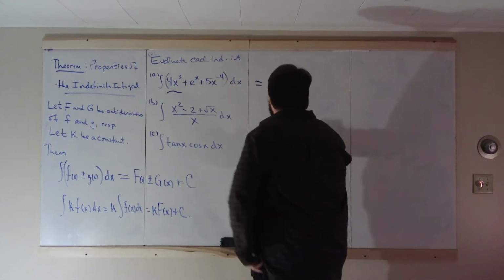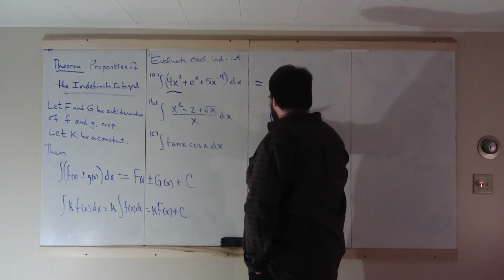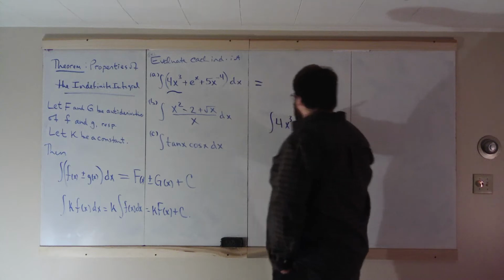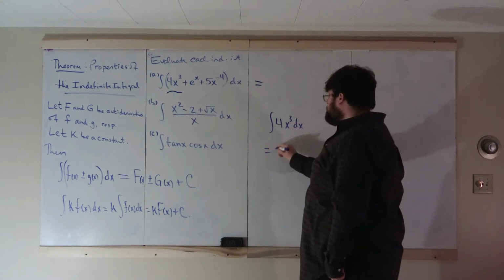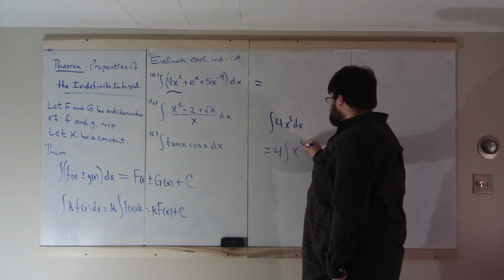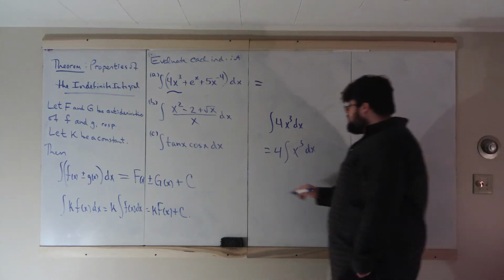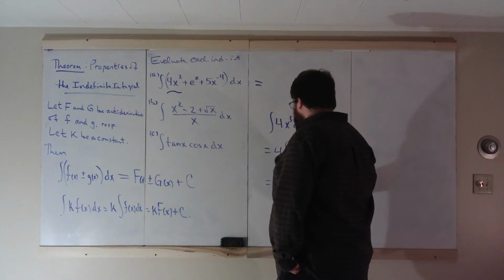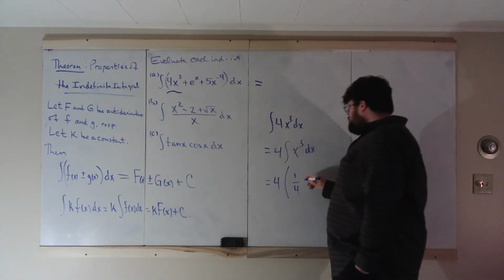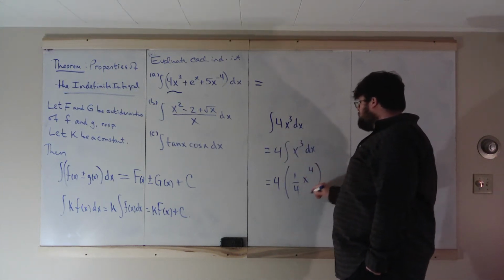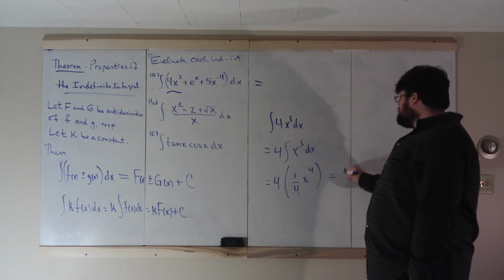Power rule. How does the power rule work on that? Well, first I'm going to use that constant rule to get rid of that 4. Who wants an extra 4? And we just have x cubed. Apply rule 2, n equals 3. So you get 4 times 1 over 3 plus 1, x to the 3 plus 1. And the 4 and 1/4 cancel.